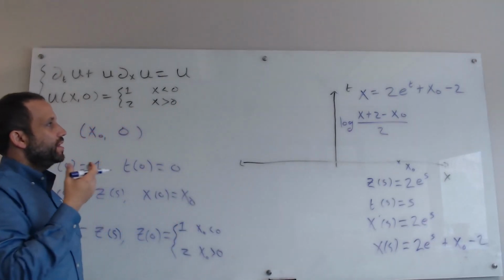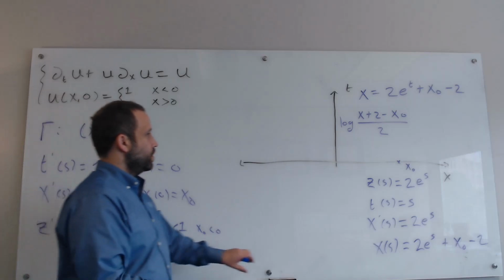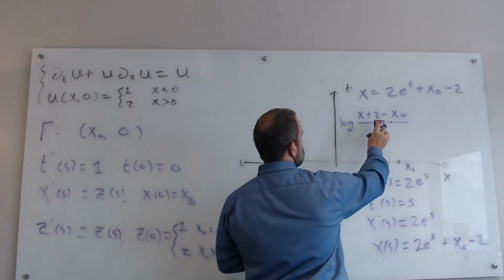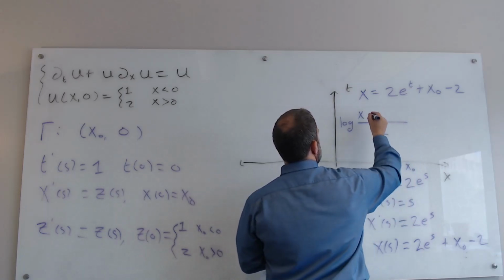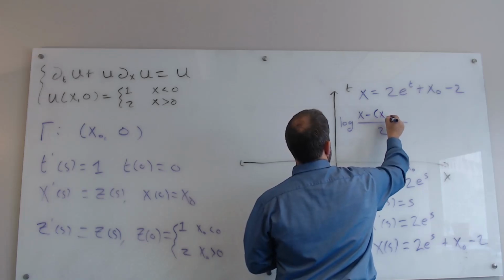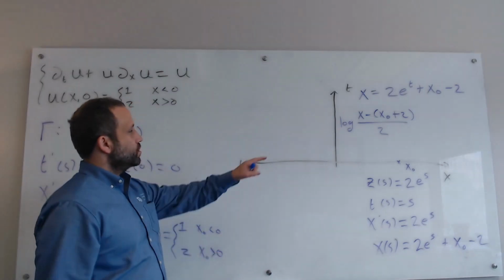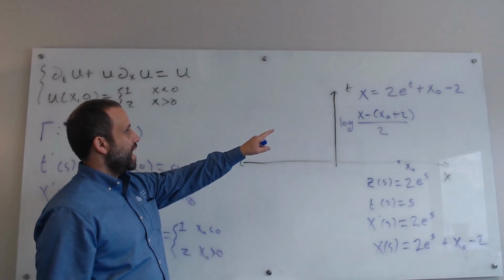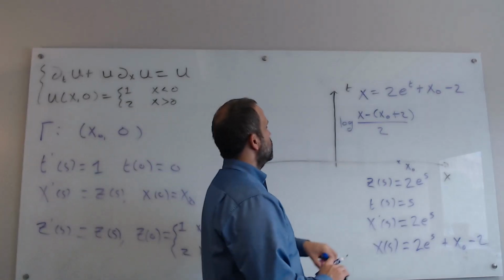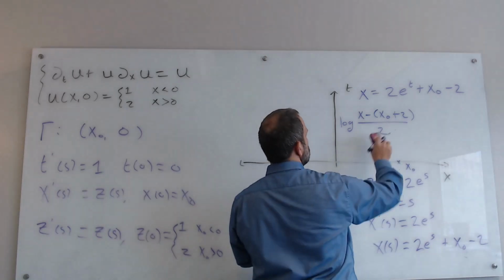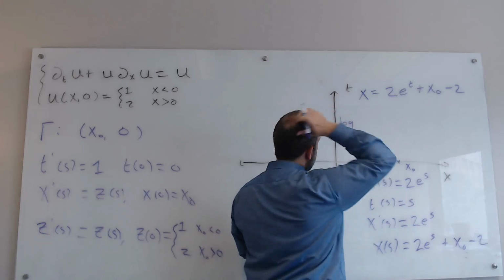So what I have is log of x plus 2 minus x naught over 2. Let me just make sure I did that correctly. Sorry, this is embarrassing. Let me go back to what I had before.